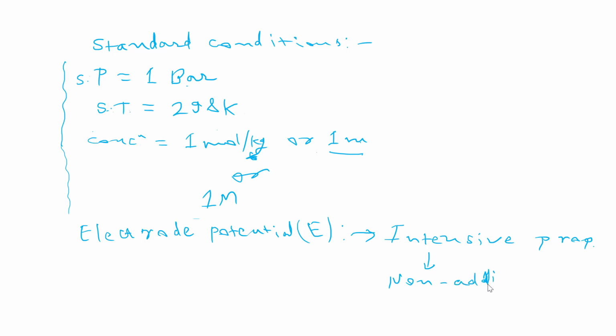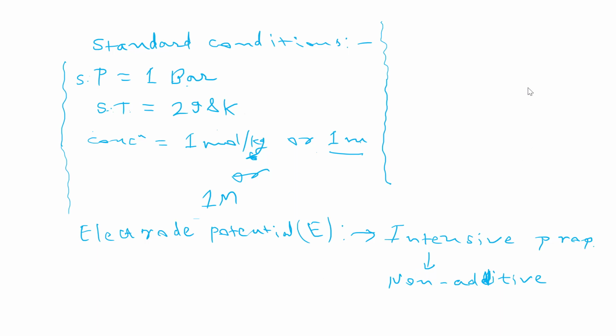So we cannot add or subtract electrode potentials directly. As you can see, we subtract in the calculation of cell potential, but that is a different thing actually. Under some conditions we can add or subtract, but it is not directly added or subtracted. You remember, it is an intensive and non-additive property.